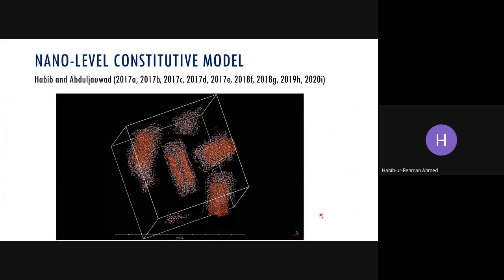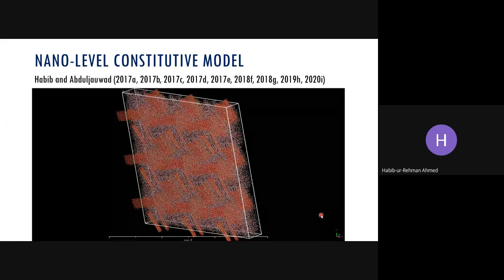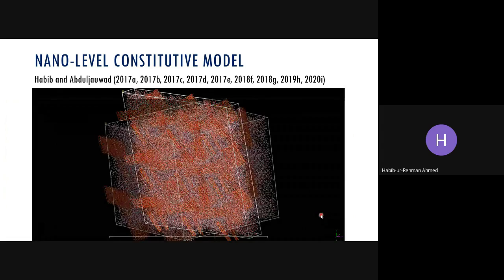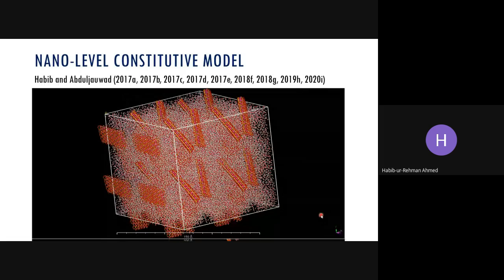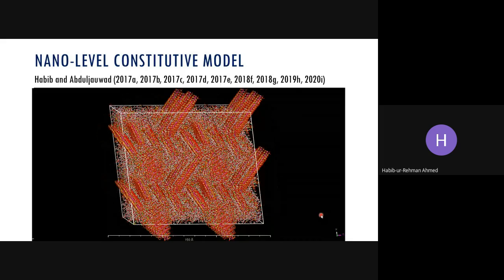Finally, we tried to create the realistic loose fabric of the soil and 3D compacted fabric of soil. You can see here, this is one of the fabrics which was automatically created in the software, and this is another type of fabric created in the software.